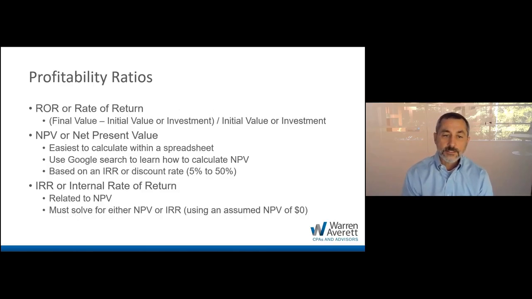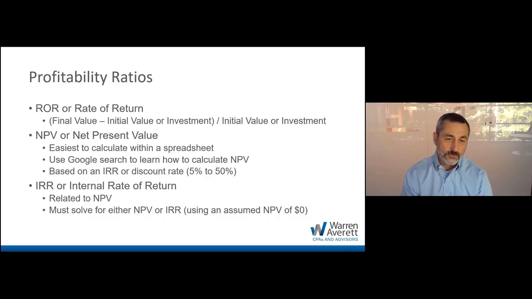And then let's get into the additional profitability ratios, which would include rate of return. That's the final value of a project minus the initial investment, divided by the initial investment. So that tells you how much you returned on a project based on the value that it might create.